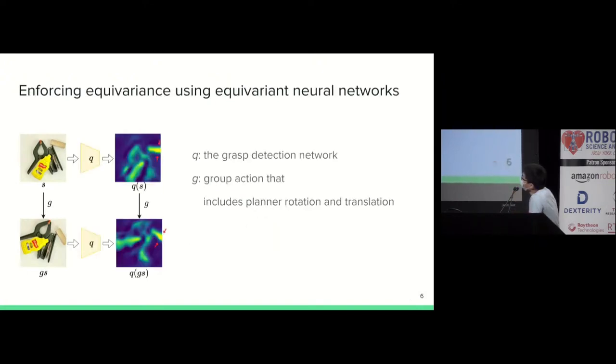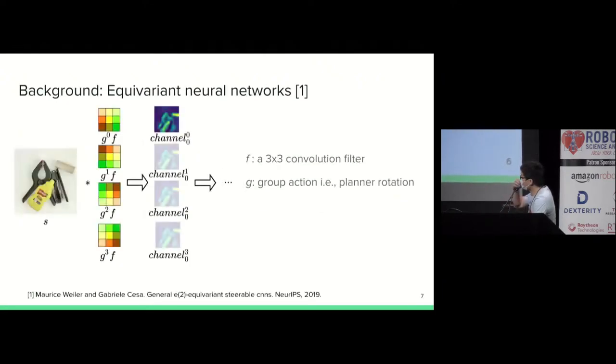So what we do is we enforce the equivariance using an equivariant neural network. Therefore, network Q inherits such an equivariance property. So what is an equivariant network? It's a network that has a set of convolutional filters that not only translate, but also rotate.